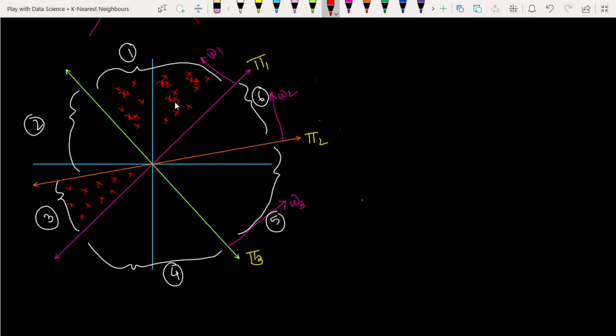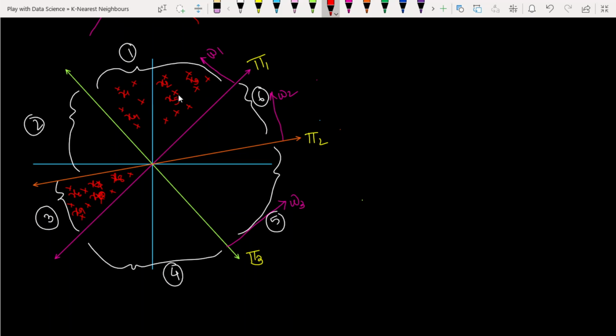Here we have the x5 point, and in this cluster we have x6, x7, x8, x9, x10. So here we have 5 points, 1 to 5, and here 6 to 10. We have points in cluster 1 and in cluster 3. I am considering just the two clusters only.